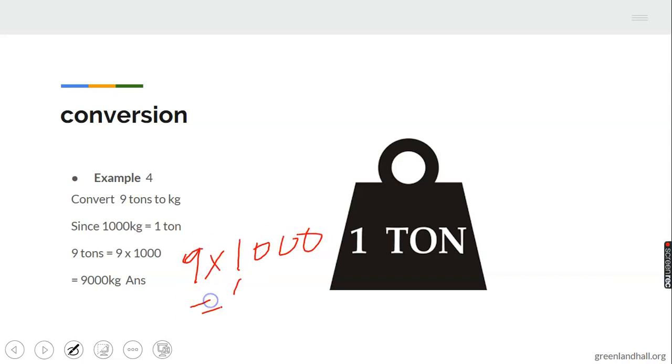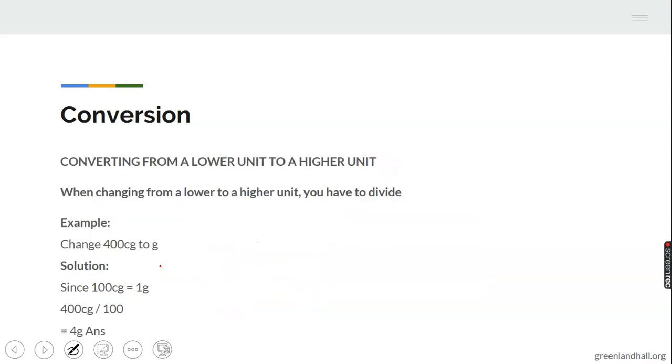It gives us 9,000 kilograms. So 9 tons is equal to 9,000 kilograms. Do we get that clearly? Is it clear? Okay. Let's now go to another conversion.